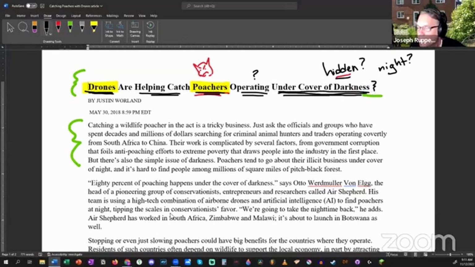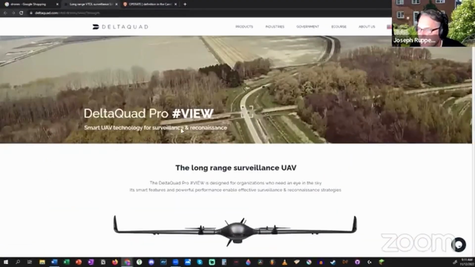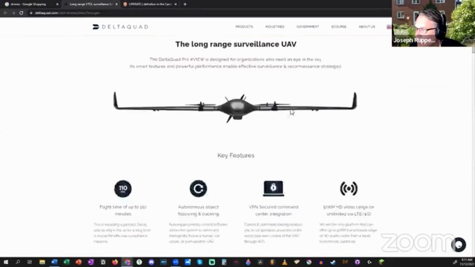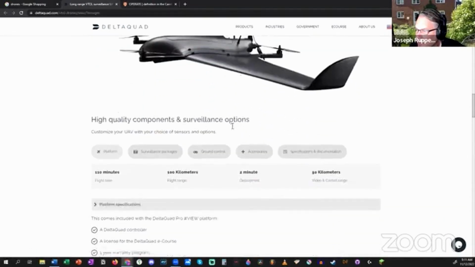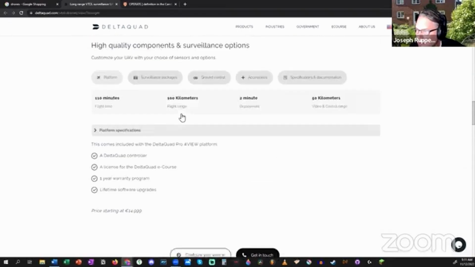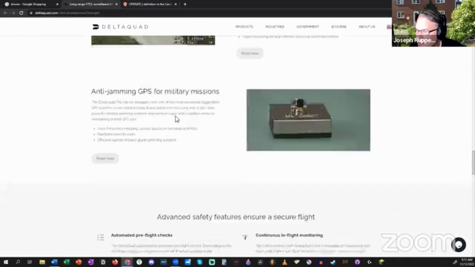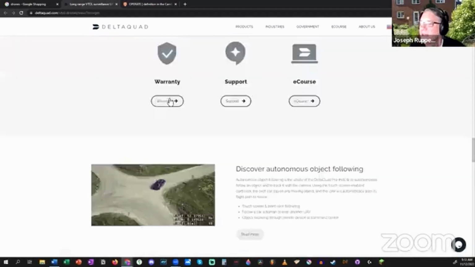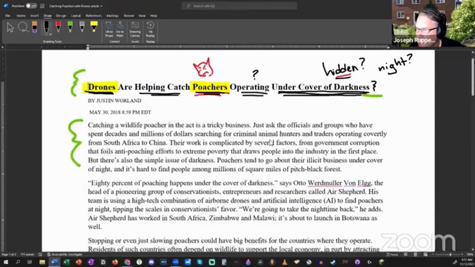So that's the basic idea I'm getting from this sentence. Maybe they use something like this if they're hunting animals, and so these drones are hunting the poachers. I guess. We'll have to look deeper into the article to see if that's truly the idea.